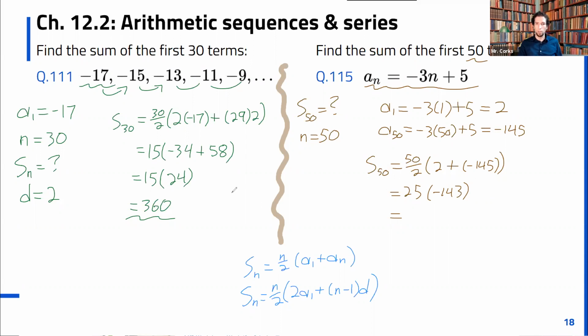But we can also just use our long multiplication: 1, 4, 3 times 25. 5 times 3 is 15, write 5, carry the 1. 5 times 4 is 20, plus 1 is 21. And so on, and it's -3,575. Okay, there is our sum.